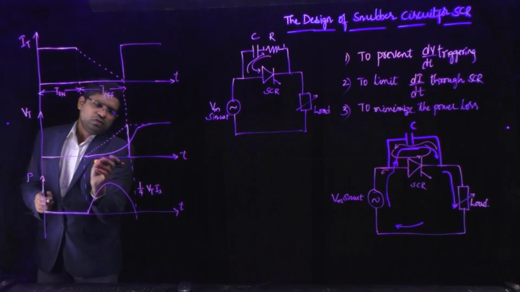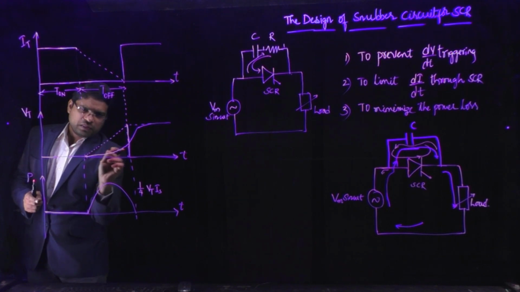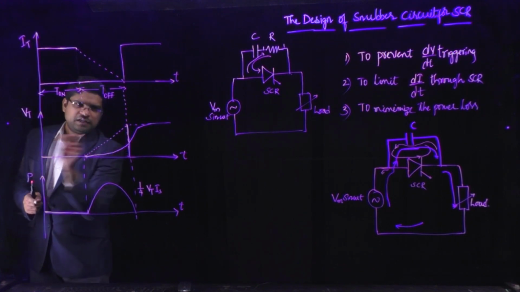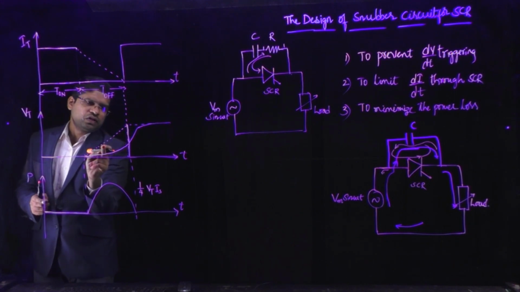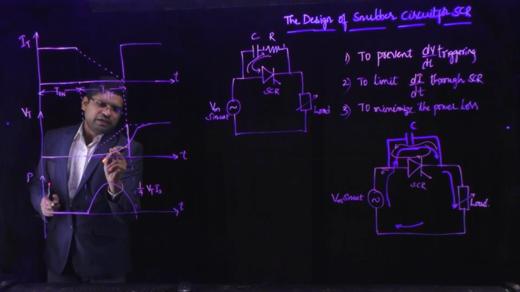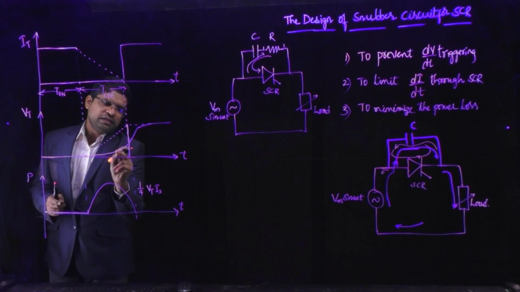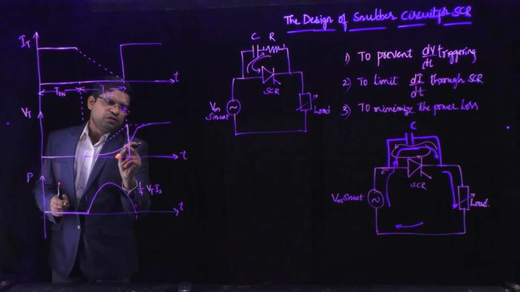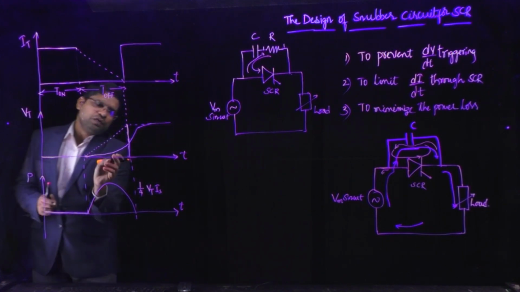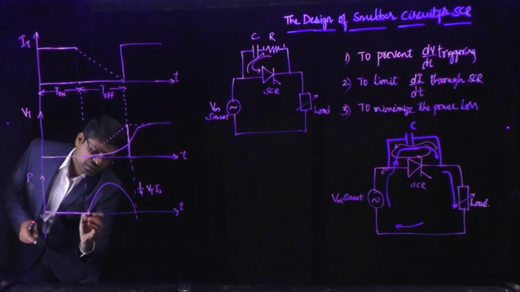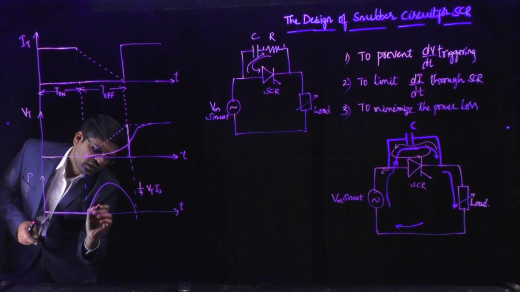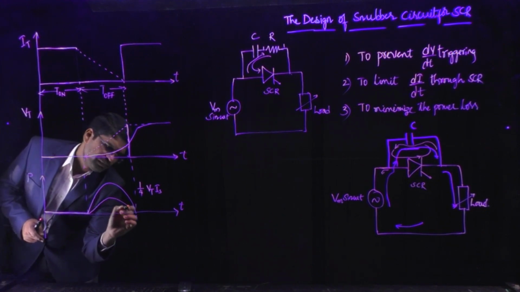So at any instant, the magnitude of voltage is reduced compared to this voltage without a snubber circuit. By introducing the snubber circuit, there is a low rate of change of voltage across the SCR. Now if we multiply this voltage with this current, there will be reduced power dissipation.